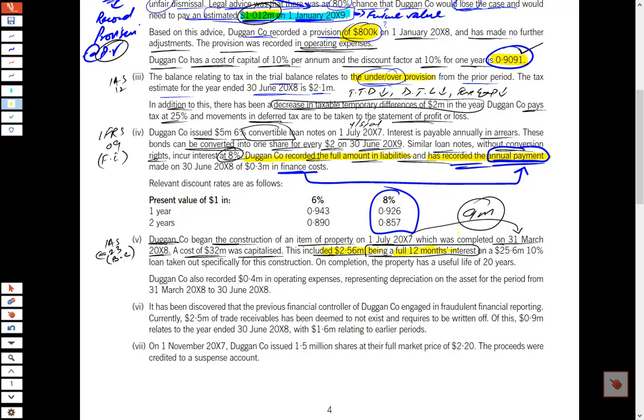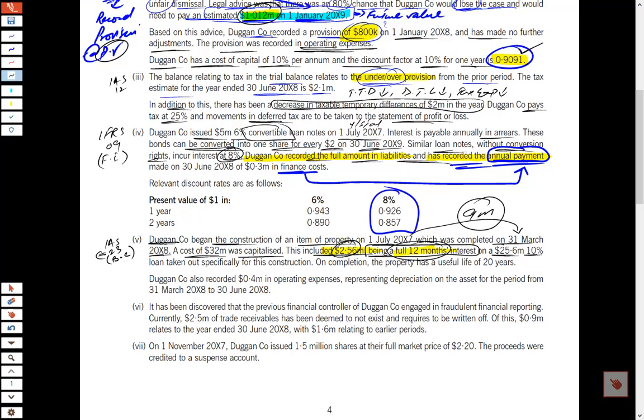IAS 23 asks you to add only the interest expense for the period in which the construction is actually carried out. Why are you taking 12 months interest to the cost of the asset? And how did they calculate the 2.56 amount? They actually got a 25.6 million loan, and the interest rate is 10%. So simply 25.6 million into 10% is 2.56, and they actually added 12 months interest to the cost of the asset, which they have wrongly done.